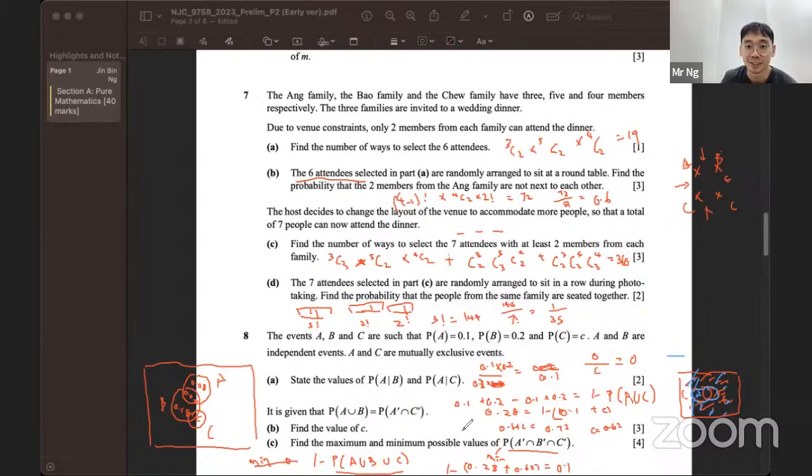Just now I said when C is fully enclosed, but C is 0.62, whereas this portion of B is 0.18. So the max you can push into C is only 0.18. That means the remaining part of C is left with 0.62 minus 0.18, so it's 0.44.